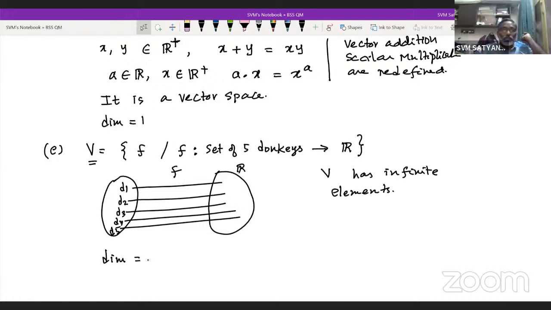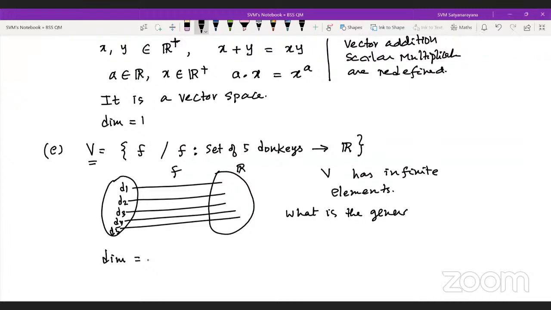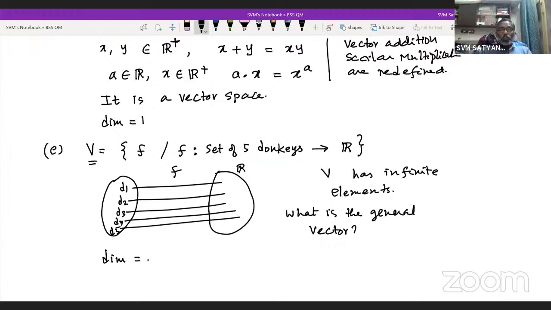Okay, so how do we do the analysis? We have to ask, first question, what is the general vector?